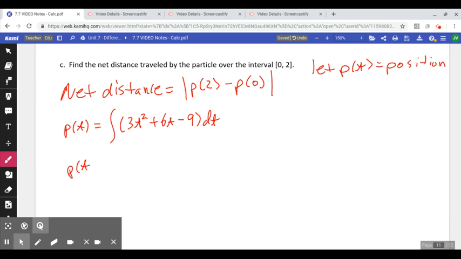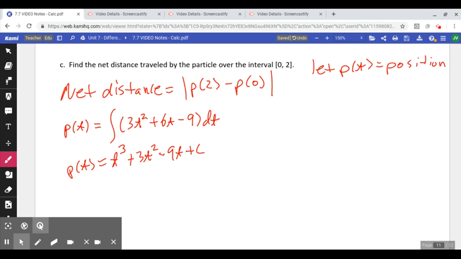So p of t is going to be equal to t to the third power, that's the antiderivative of 3t squared, plus 3t squared, that's the antiderivative of 6t, minus 9t plus c.